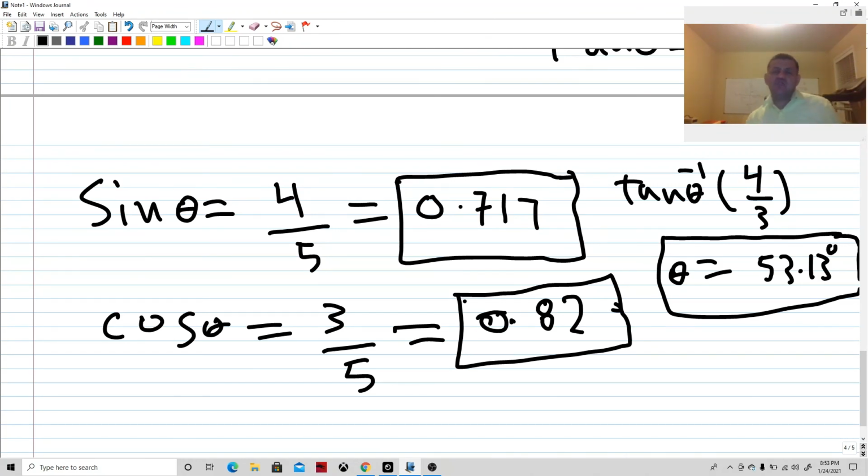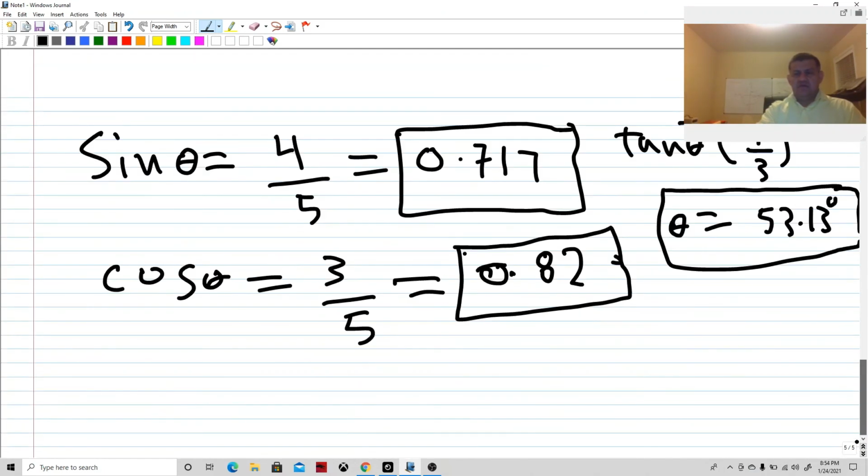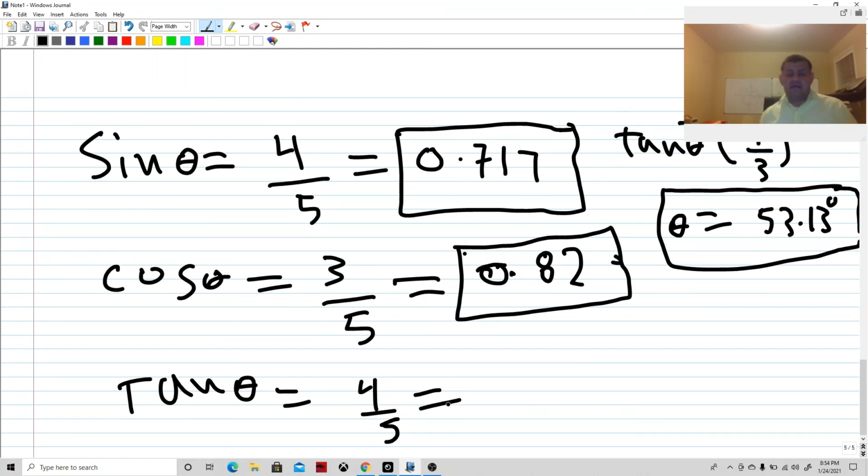Let me do tangent real quick. Tangent of theta is equal to 4/5, which in this case is... oh, I am in degrees, so I have to change the mode to radians.